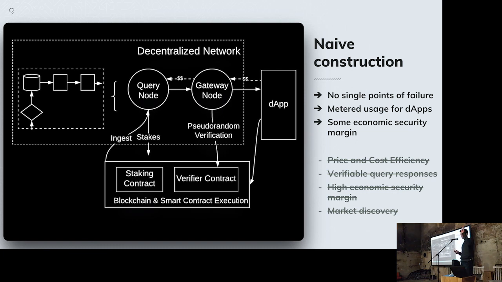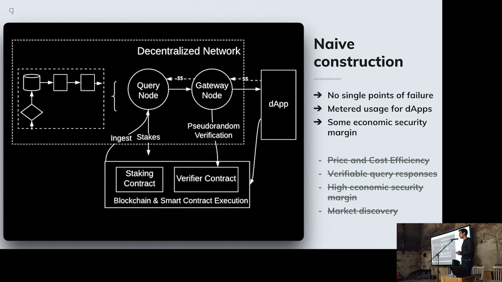Does everyone know what that term means generally? Economic security margin is how much an attacker or participant in the system would have to spend to lie to you in the context of the protocol, right? So if a query node, for instance, stakes $10,000 worth of ETH or graph tokens, and that's what they're going to get slashed if they provide you an incorrect response, then your economic security margin is $10,000.